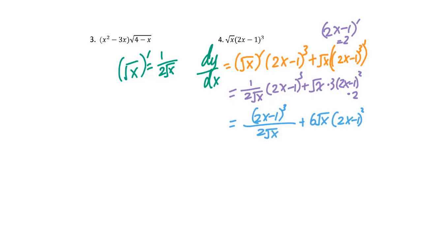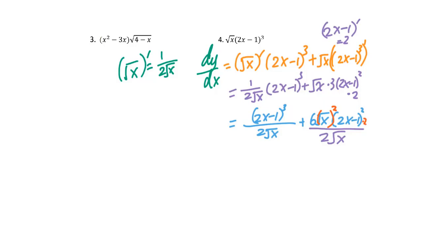We try to make the same denominator, so we have 2 square root of x. We multiply by square root of x here, we do the square. Then we multiply by this 2. Let me write it down here, multiply by this 2.